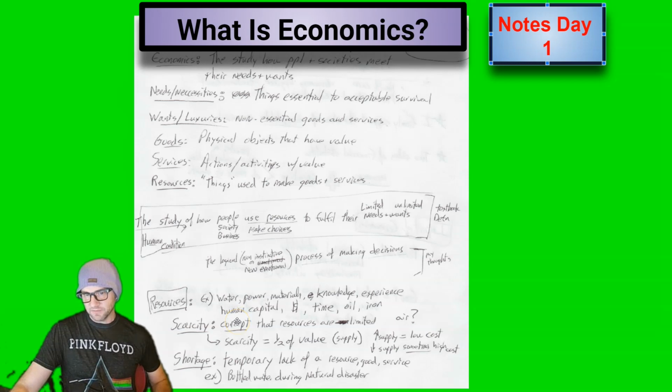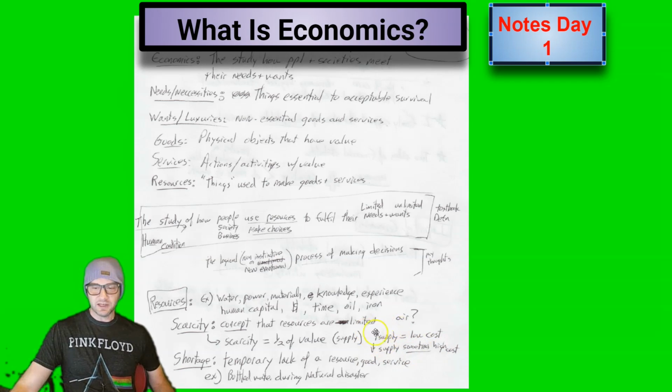And what flows from this concept of scarcity is one half of the equation that creates value, why something has value or is expensive. It is the supply part of value. If something is scarce, there's not a lot of supply. And when things aren't in supply, sometimes they are at a high cost.